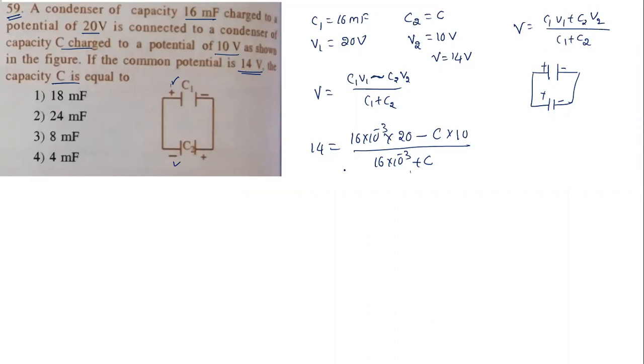You are going to send this one here. It will become 14 into 16 into 10 power minus 3 plus 14C is equal to 320 into 10 power minus 3 minus 10 times C. So, left hand side, let us simplify now: 14 into 16.